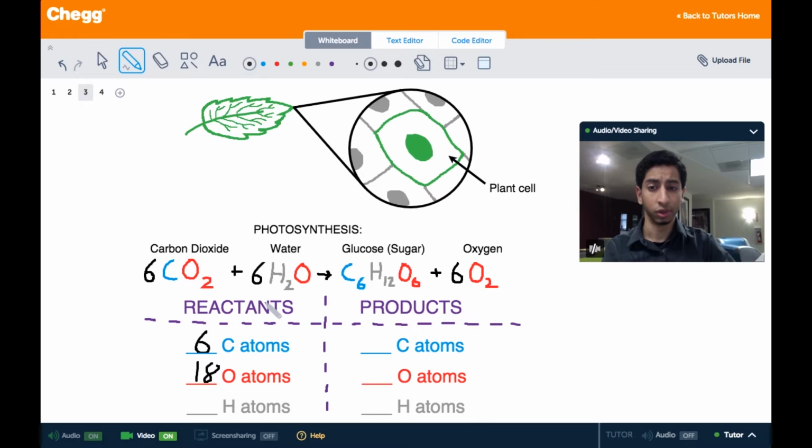How many hydrogens? Well, we have 6 times 2, which is 12. Now we can do the same thing for the product side, and we'll find that we have the exact same number of atoms, which in turn means that we have the same mass on either side. So again, this is a perfect demonstration of the principle of conservation of mass.